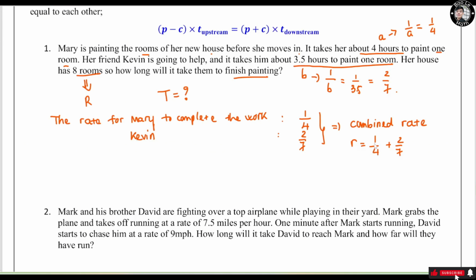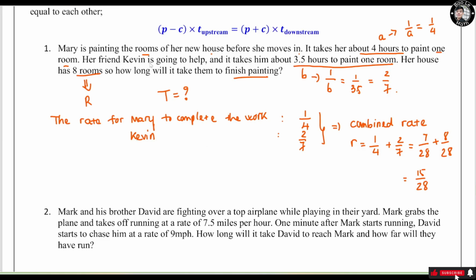So you're going to multiply the top and bottom of the first fraction by 7, so it's going to be 7 over 28. Multiply the top and bottom of the second fraction by 4. You're going to have 8 over 28, right? So 7 plus 8 is going to be 15 over 28, right?